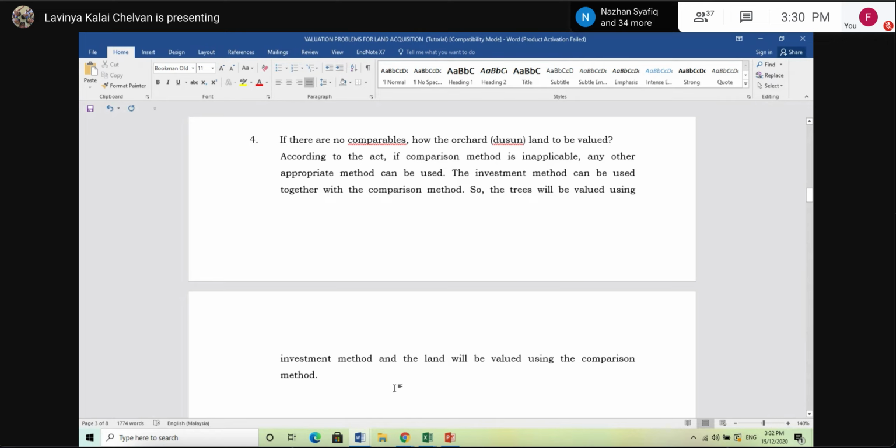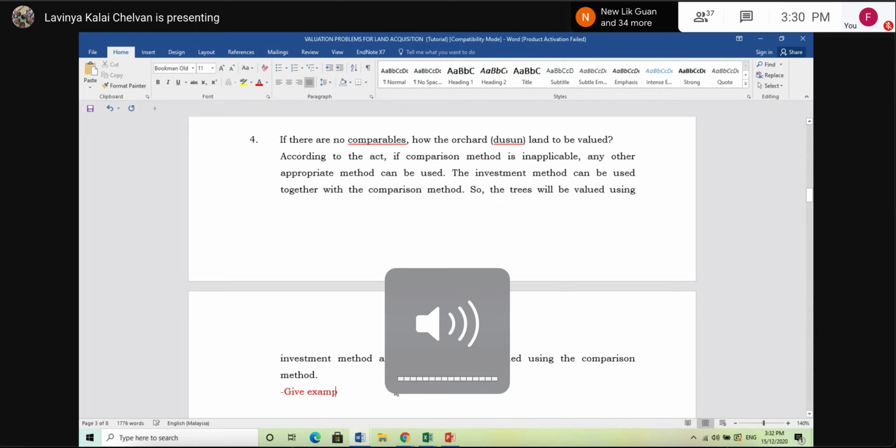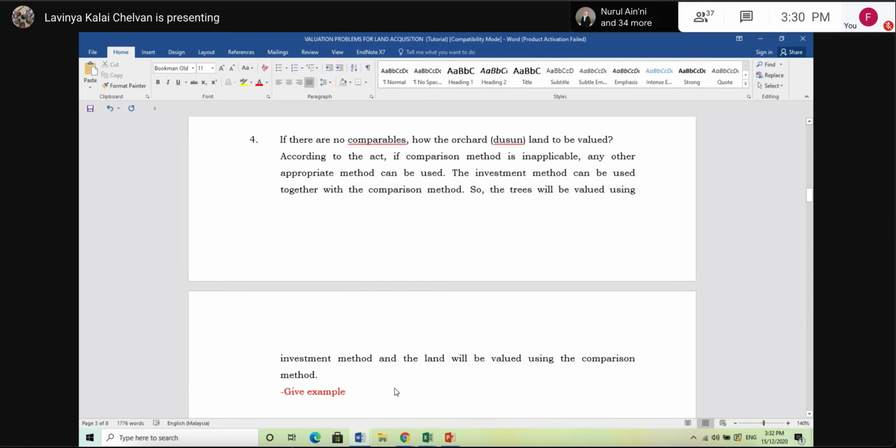Musang King. Okay, how much per tree of Musang King with 12 years old? I must check. So we need to give the value as well. Yes, because you give the example, otherwise how? They say if they are not comparable, how is the orchard land to be valued? They say you're going to value based on tree stand, isn't it?